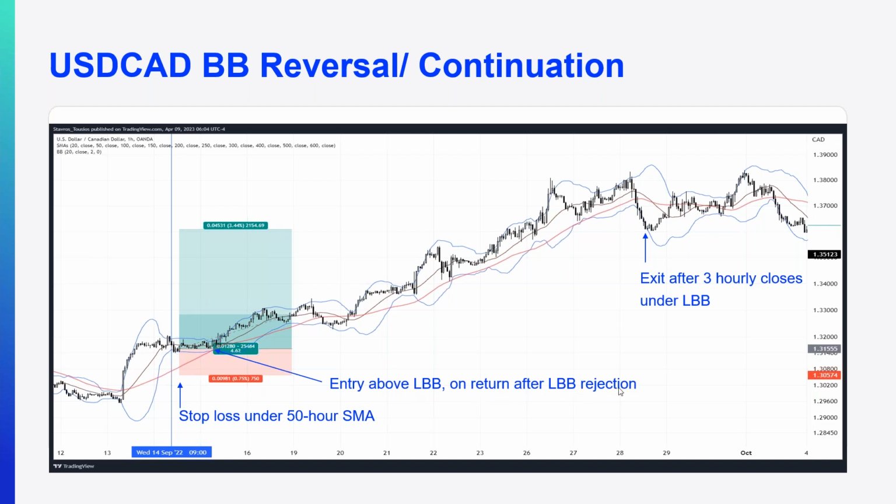You see that after the lower Bollinger Band rejection, the stop loss is just under the 50-hour SMA, and the 50-hour SMA is the red line. See, look at this. You come down here. Where's the 50-hour? Down here, exactly. So we'll go just a little bit lower. Okay, and the exit is when we get 3 hourly closes under the lower Bollinger Band. You see that?